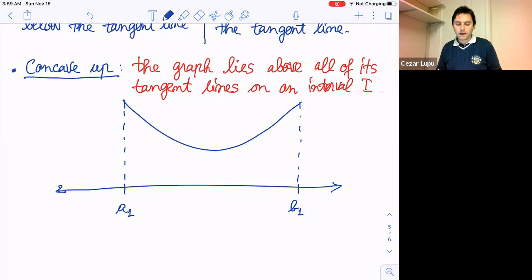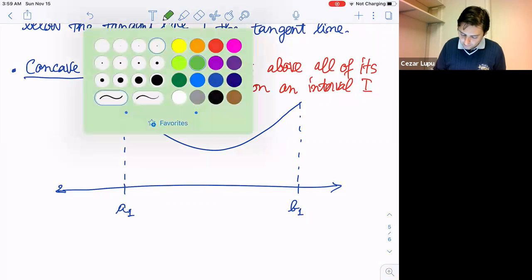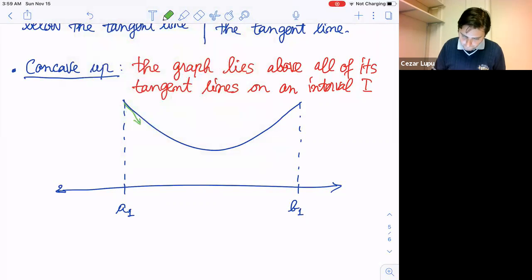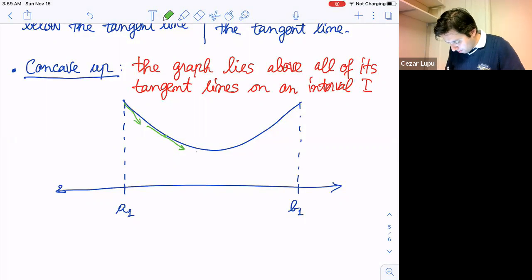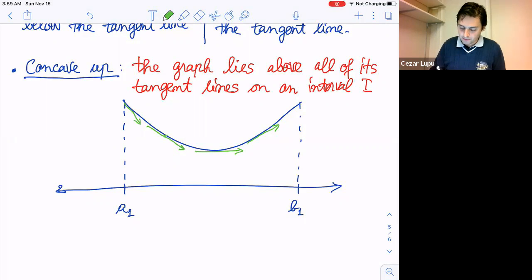So this is concave up, right? Okay. So the tangents are below the graph, the tangent lines.